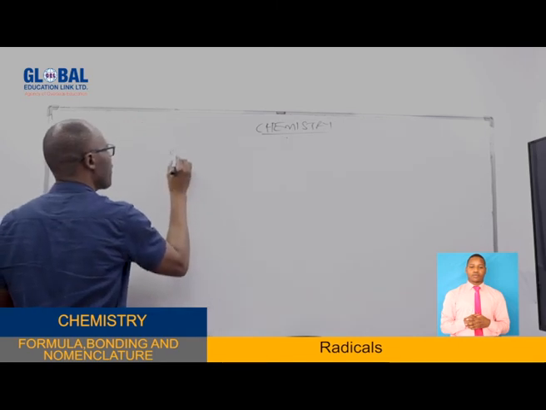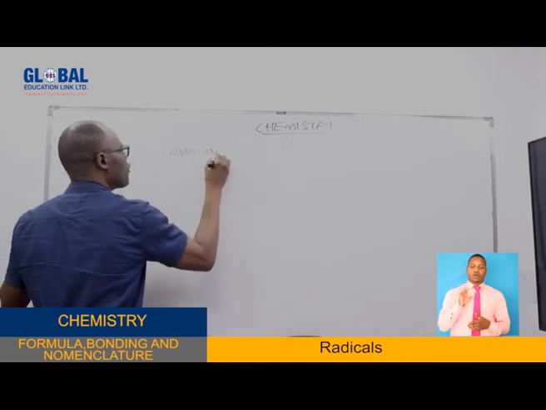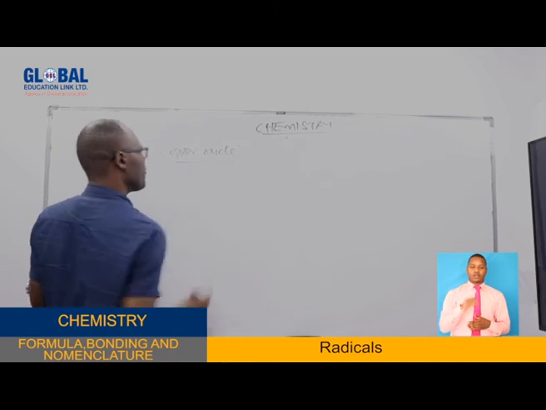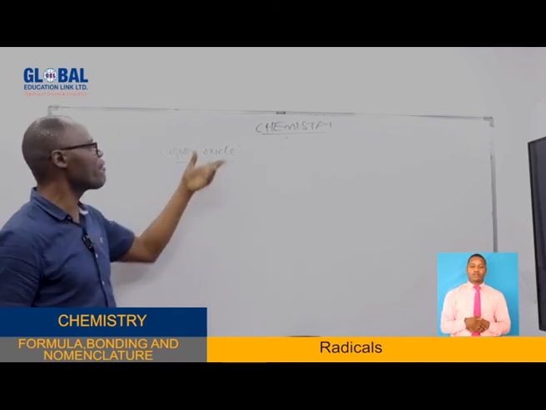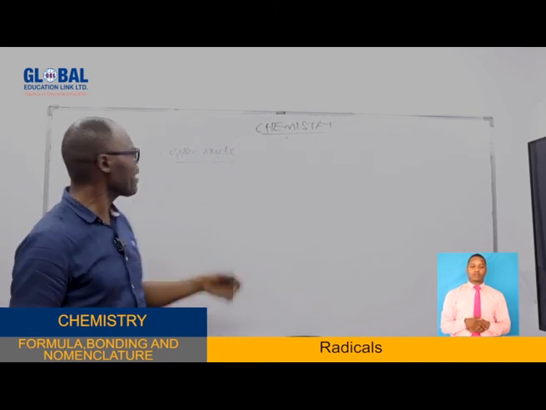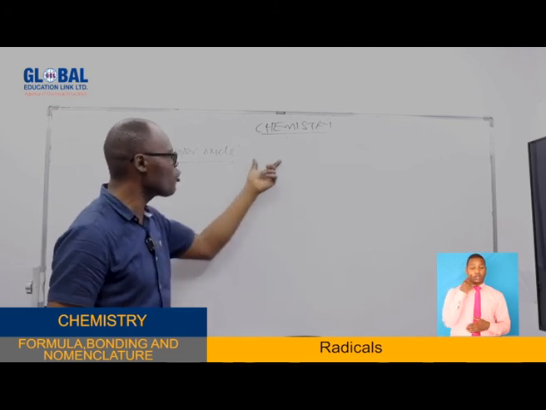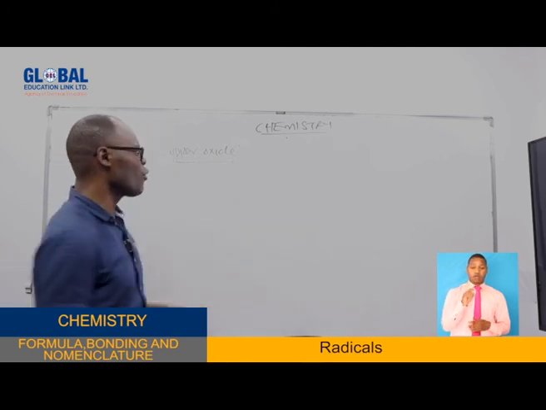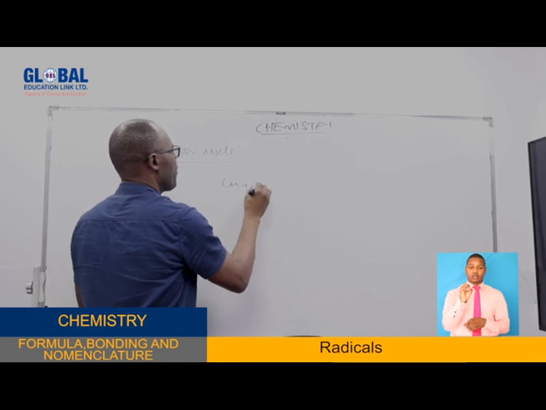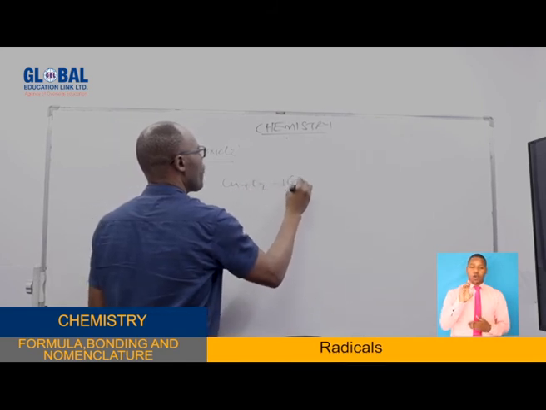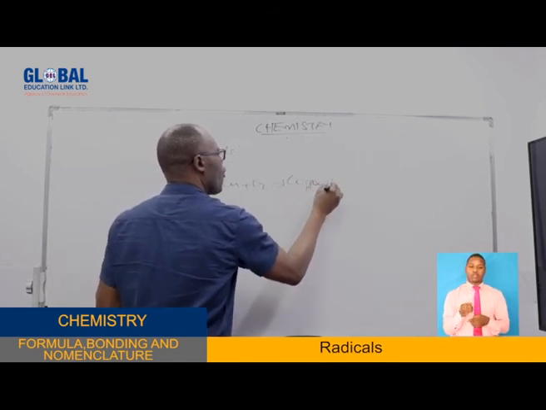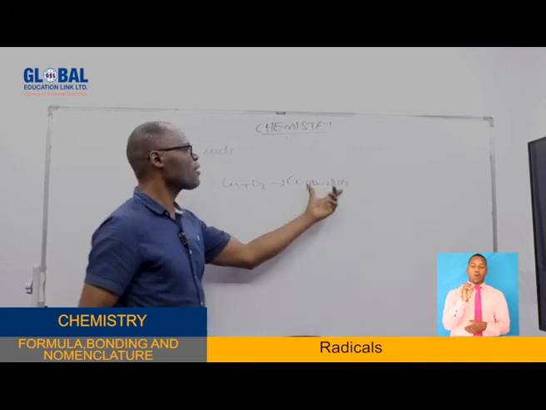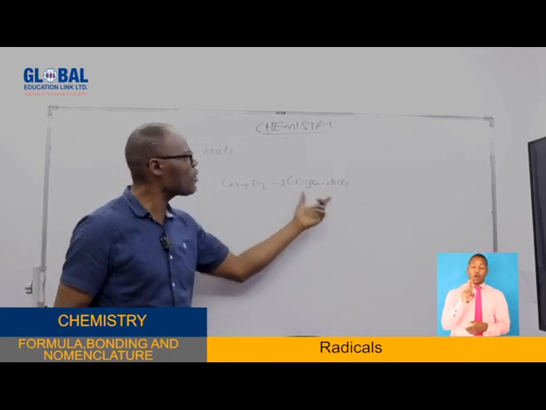The question is asking us why we cannot have something like this. But I can see this is copper plus oxygen giving us copper oxide. So if you say copper plus oxygen should give us copper oxide, it is correct, copper oxide. But which copper are you talking about?